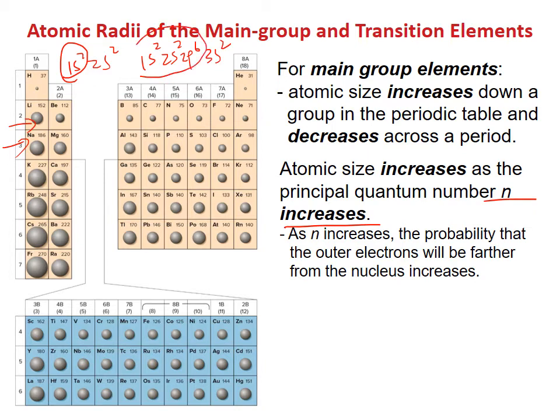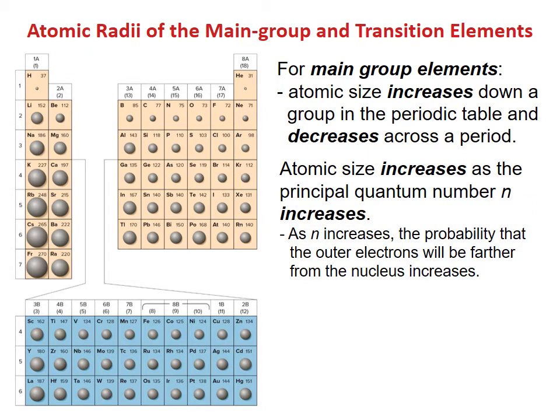So these are the inner electrons. Compared with lithium, sodium has one more level. The second level is full. These inner electrons shield the outer electrons very effectively, and the probability that the outer electrons will be further from the nucleus increases, and consequently, the atoms get larger as a result of the increasing n values.